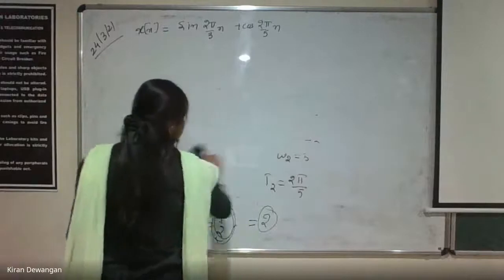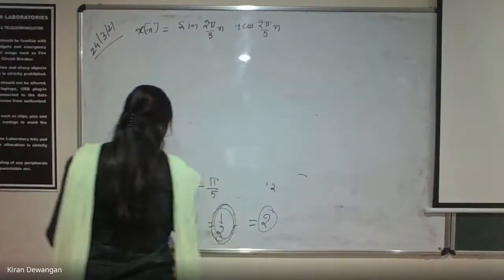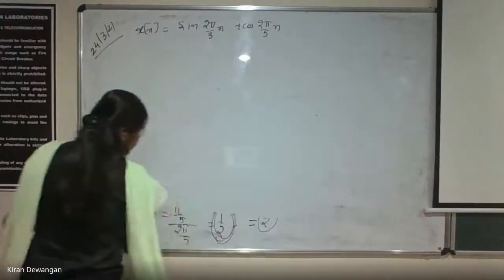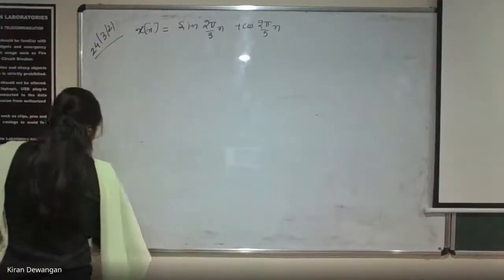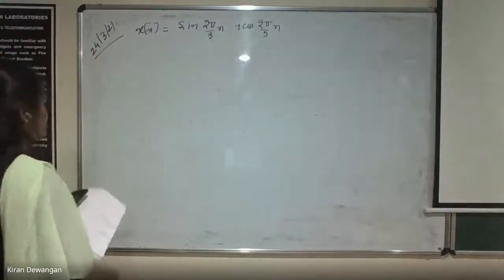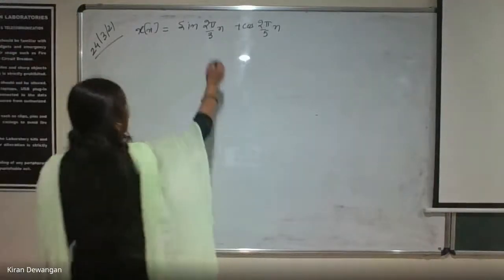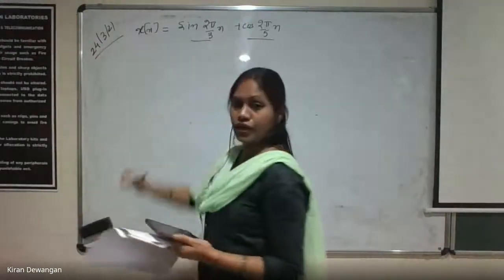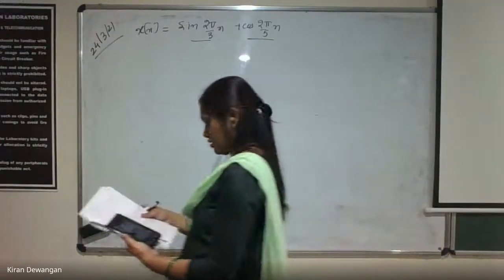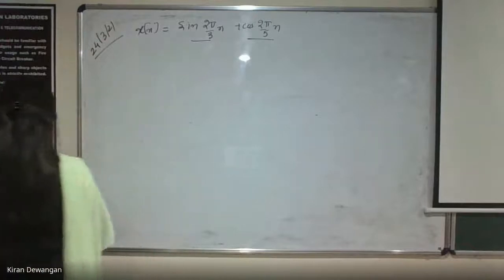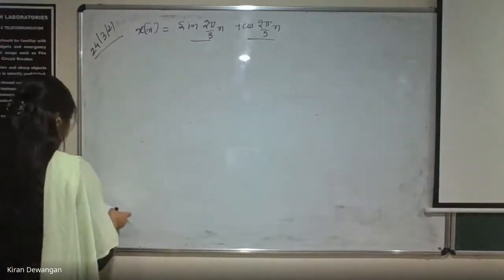What is it? Periodic or non-periodic, first of all? Yes, tell me, students. It is periodic, definitely. Individually, if one is periodic then the sum will be periodic. What would be the fundamental period in that case?